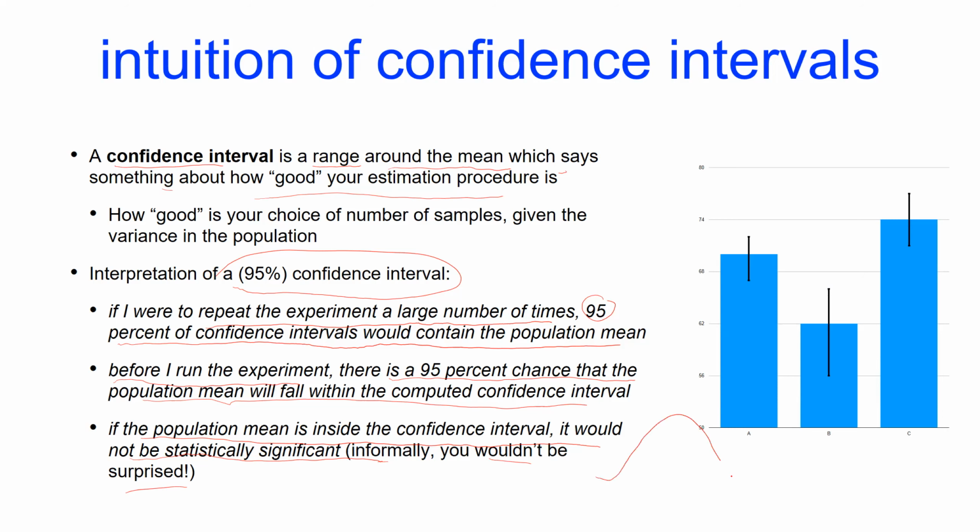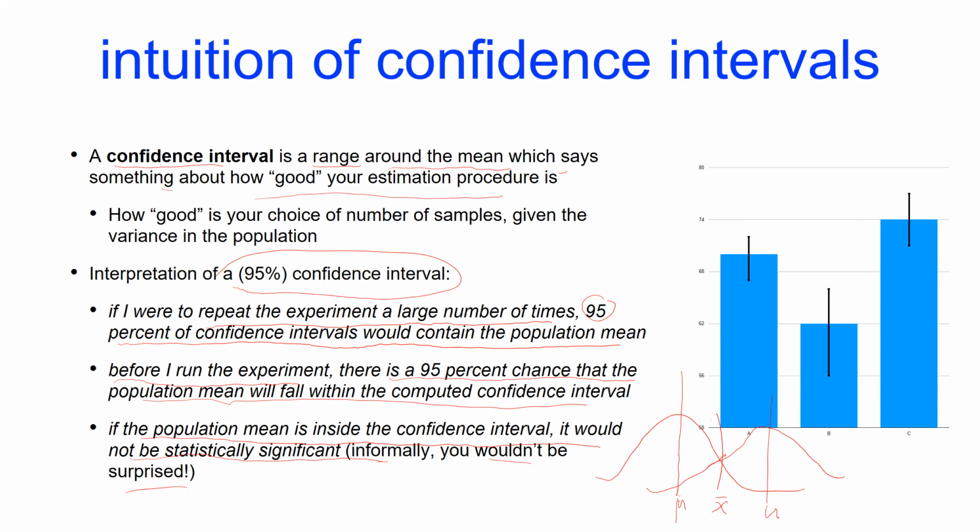Essentially, think about that. If this is your sample mean, you do one experiment. Okay, this is your sample mean. You are hoping, let me draw two things, you are hoping your population mean will not be too far away from your sample.